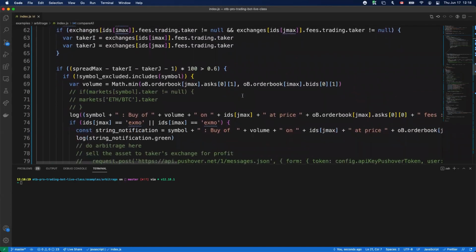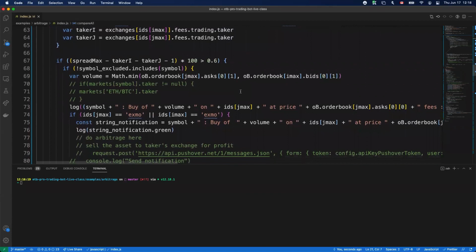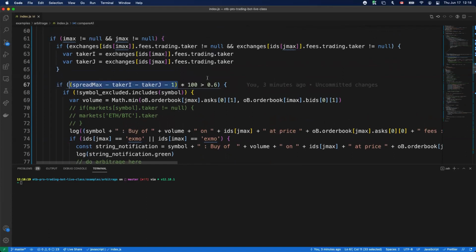So after that, if we figure out that hey, there is a pure profit that we are going to get after we do this arbitrage trading, and if it's greater than 0.6%, so you can see this line is very important, where our formula to calculate the profit is being taken care of.